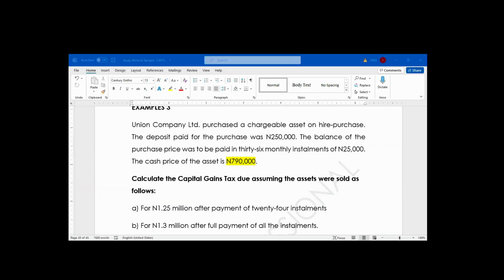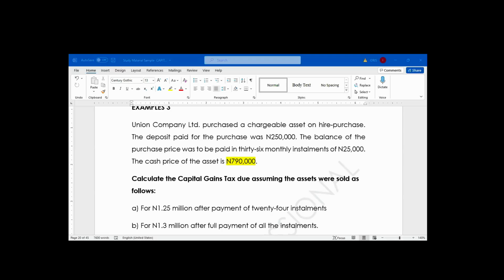This is the first example on capital gain tax and hire purchase transactions. This one is when you acquire an asset on hire purchase, and you later dispose of the asset. Let's look at another example, when you sell an asset on hire purchase. You didn't acquire an asset on hire purchase, but in this case, you, the seller, are the one selling that asset on hire purchase. You now make a gain.